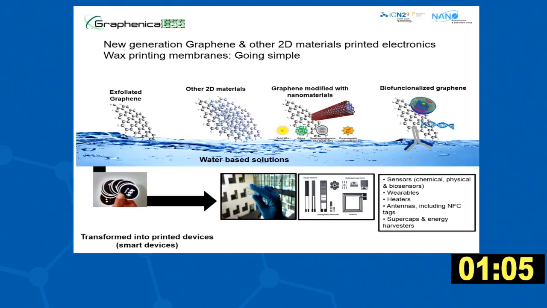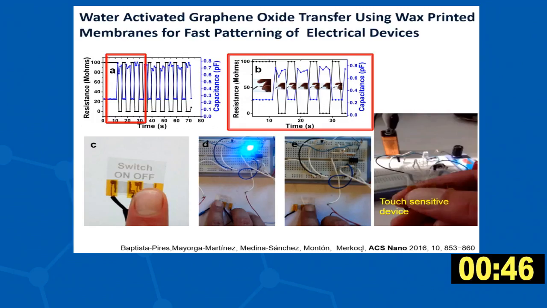So the nice thing of this technology is that we can print any kind of material, even a mixture of graphene oxide or other 2D materials with nanoparticles, with receptors, and we can bring directly the sensing surface to any kind of material. So here, just a touch-sensitive device showing that this system is really very easy.